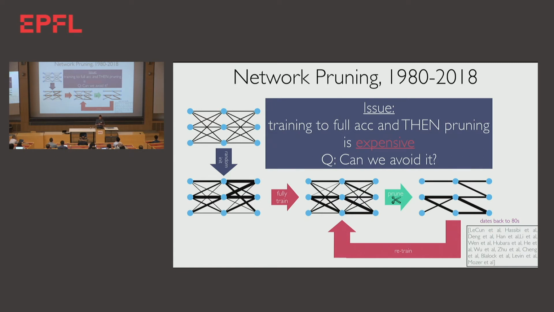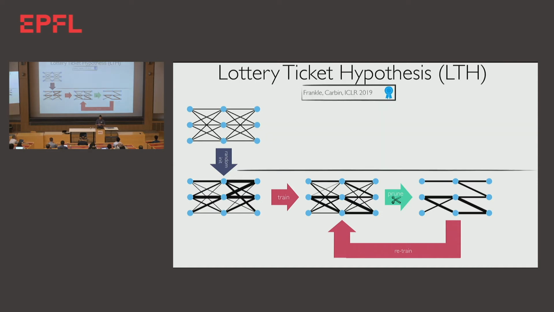So in 2019, Jonathan Frankle and Mike Carbin from MIT, who actually got the Best Paper Award for this paper, suggested the following. They had the hypothesis that is now called the lottery ticket hypothesis.